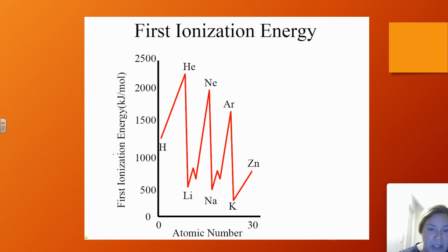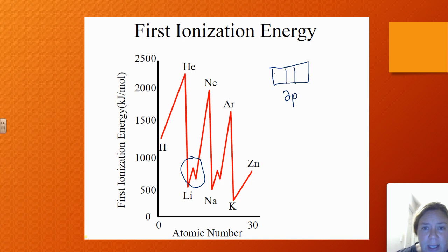What I want to point out here is what we're looking at right here, going from lithium to beryllium to boron. This boron is like this weird little peak, and then there's a dip. It has to do with the orbital diagram. Let's say I'm looking at the 2p, and let's say I have 1 electron in the 2p.